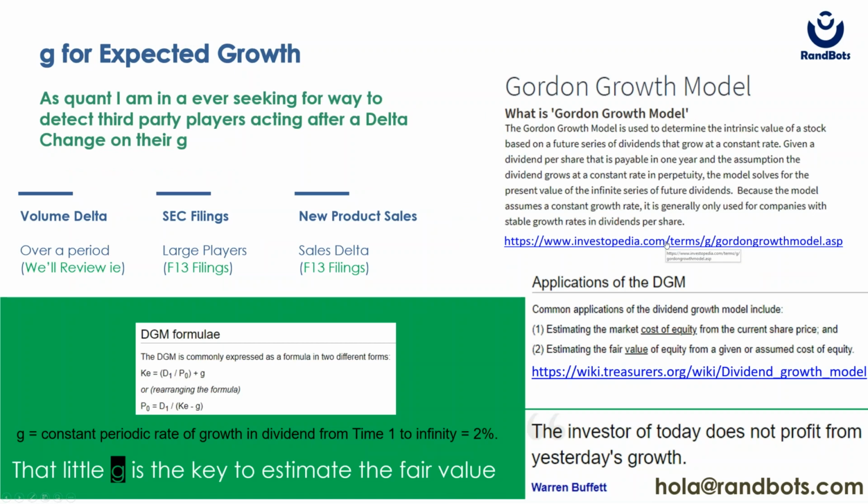To review the importance of the G model, right, the Gordon growth model, which you can find on Wikipedia, which is used here for estimating the fair value of an equity from a given or assumed cost of equity. Different players around the market have different growth values. We can expect Apple to grow at 10% a year, and another asset manager can expect Apple to grow at 12% a year.